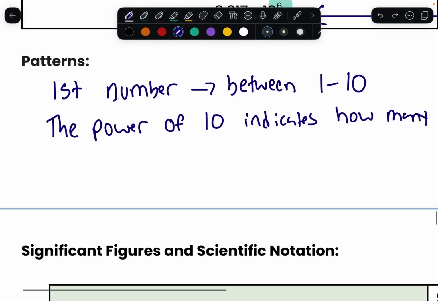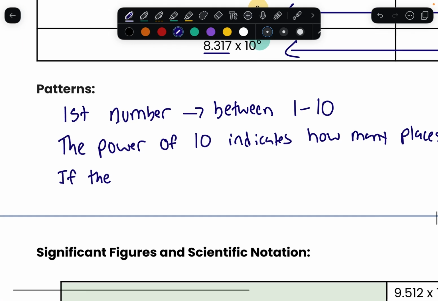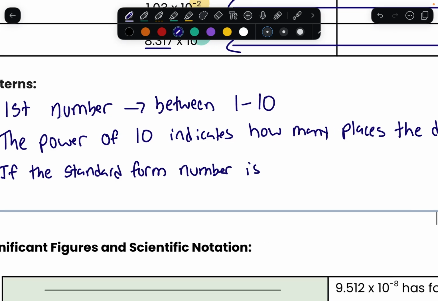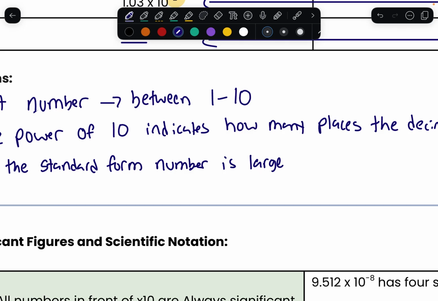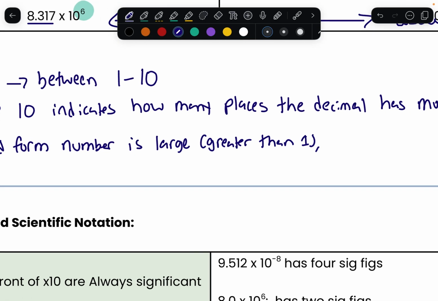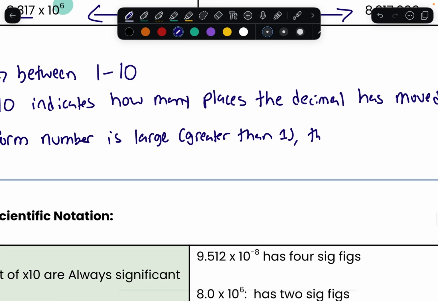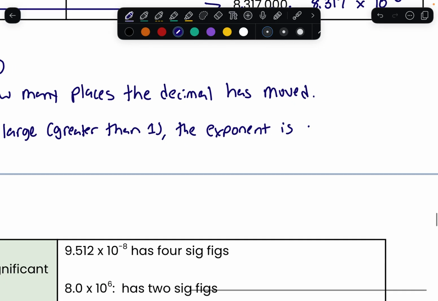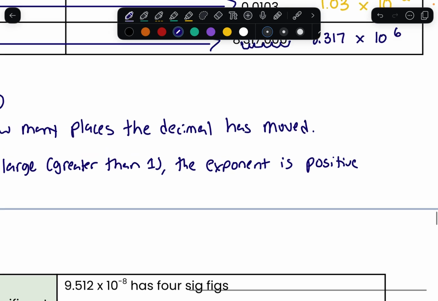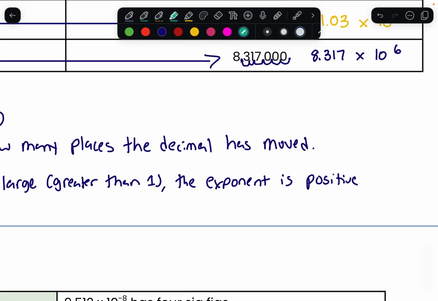So our third pattern that we should notice is that if the standard form number is large, and by large, I really just mean greater than 1, the exponent is positive, like we see in this particular example here.